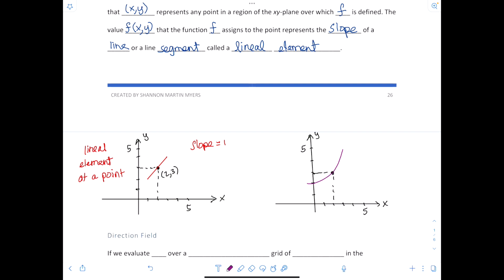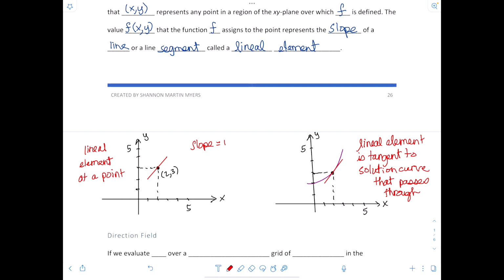It's looking like this, and now this lineal element is tangent to the solution curve that passes through the point.